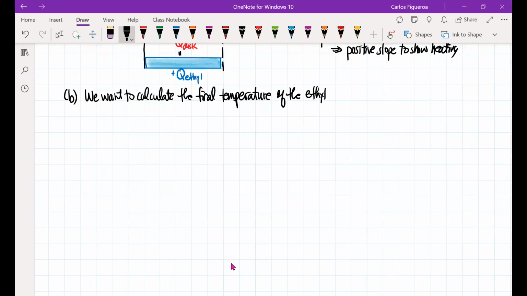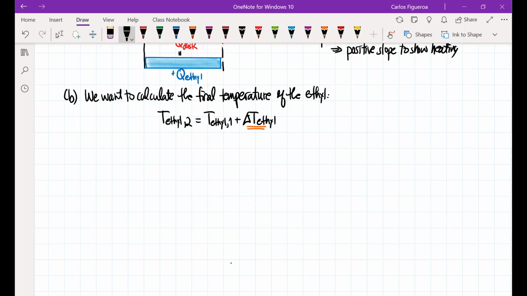And the way we could think about it is, the final temperature of the ethyl should be the initial temperature of the ethyl plus the change in the temperature of the ethyl. So ultimately, what we really want to compute is this change, because we know what the initial temperature was.